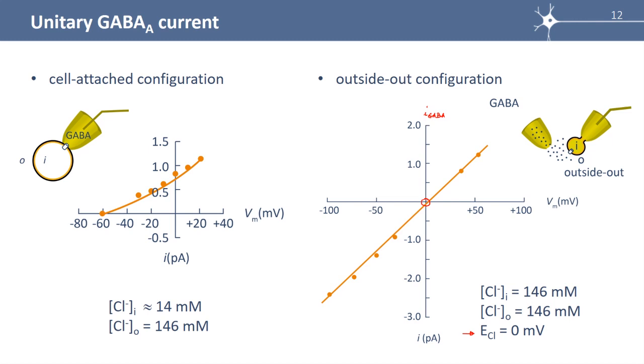And why? Because now the chloride ions follow the electrical gradient only, and when the membrane is more positive on the inner side, the chloride ions will have a tendency to enter, so it corresponds to an outward current of plus charges. We have it outward, positive current is outward, and the contrary, of course, for hyperpolarized membrane potentials.